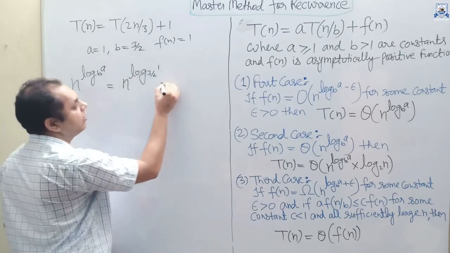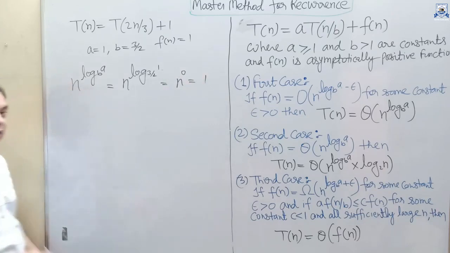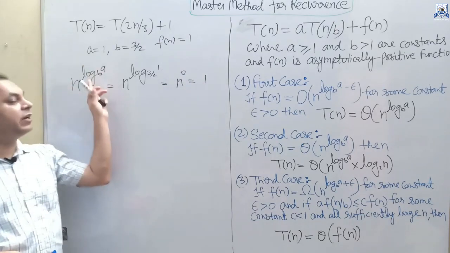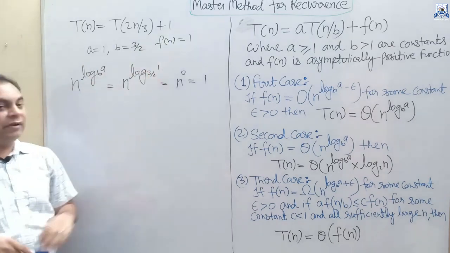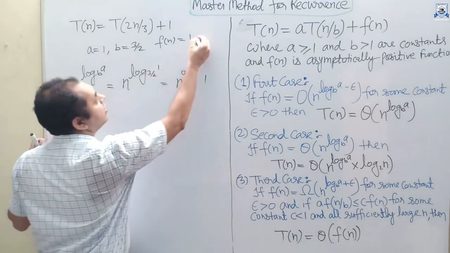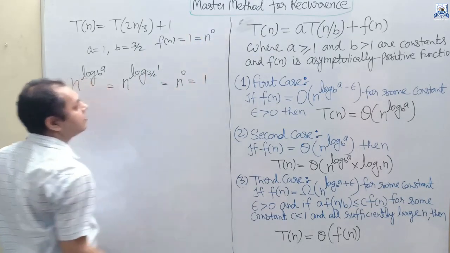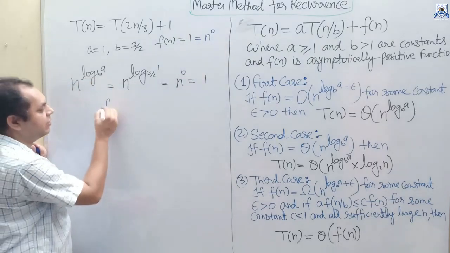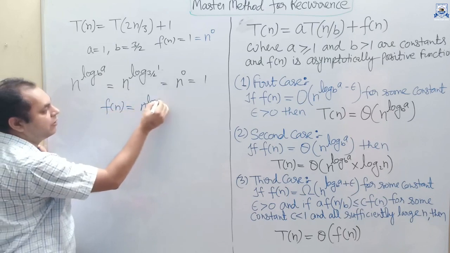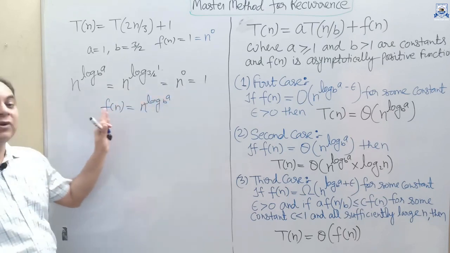So n to the power 0 is nothing but 1. So in this case the values of n to the power log a at base b and fn are both 1. We can write fn, if it is 1, as n to the power 0. So fn is equal to n to the power log a at base b, which means both quantities are equal.